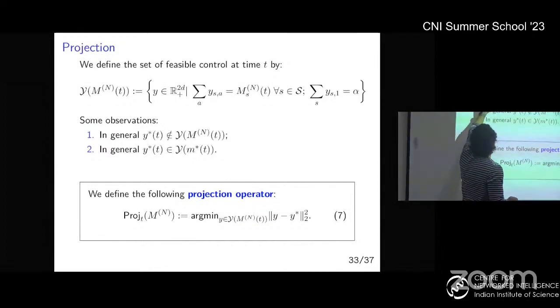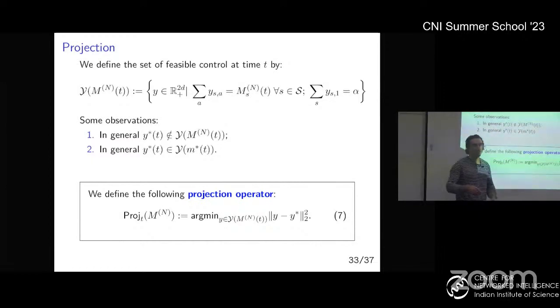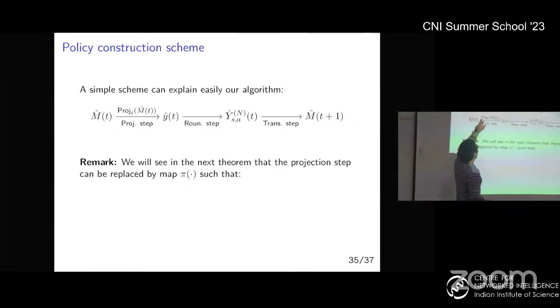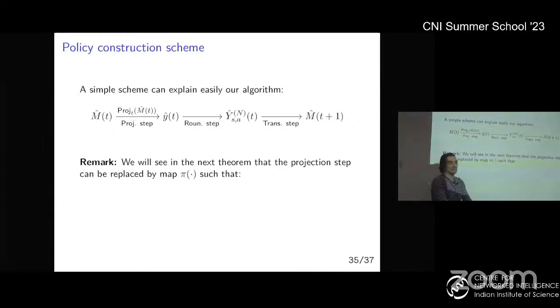if you enforce that your policy is in this set and you use a rounding, then whatever type of policy you are using, it means that your policy is admissible for the n-arm problem. So what does it mean? It means the following.